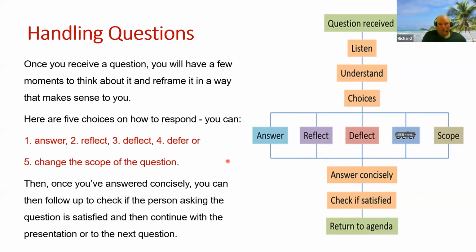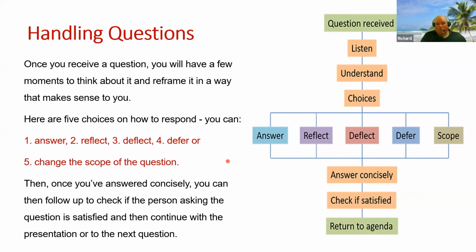And once you've answered concisely, you can then follow up to check if the person asking the question is satisfied, and then continue with your presentation. Of course, if you're taking questions during your presentation or at the end, you can then just move on to the next question as well. So this is a strategy that you can take.